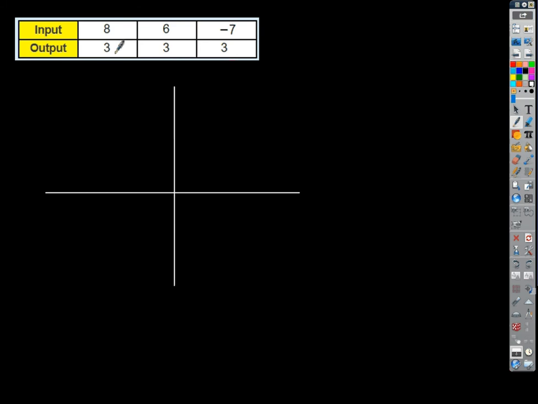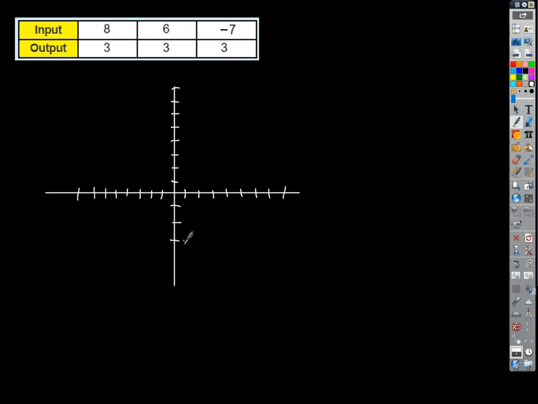An X value and a Y value. If I graph those points on the plane, what is caused by the fact that all the outputs are the same? Yeah. They're in a line. Which kind of line? Like this.